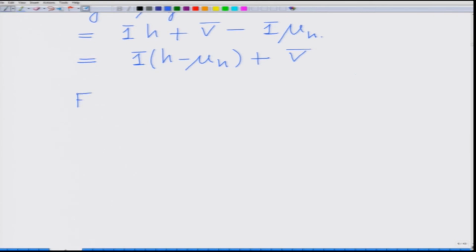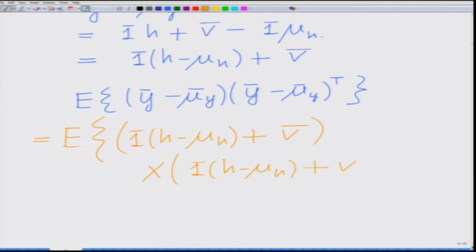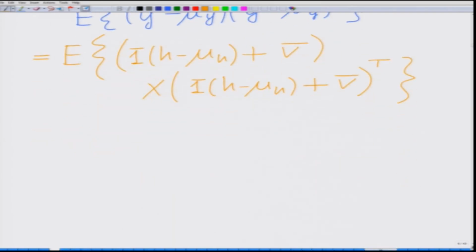Now, therefore, the expected value of y bar minus mu bar y times its transpose is slightly messy, but fairly easy actually to derive. I just have to substitute these terms: the expected value of 1 bar into h minus mu h plus v bar, into the product of 1 bar into h minus mu h plus v bar, transpose.